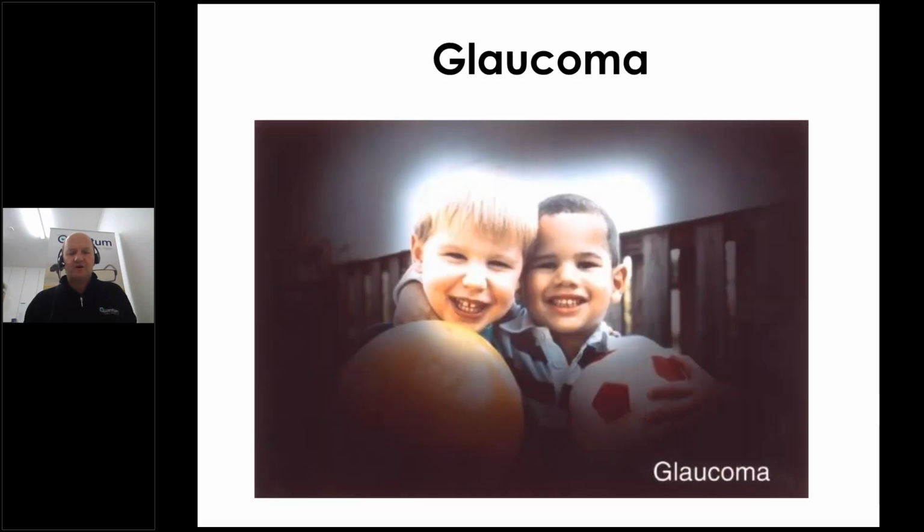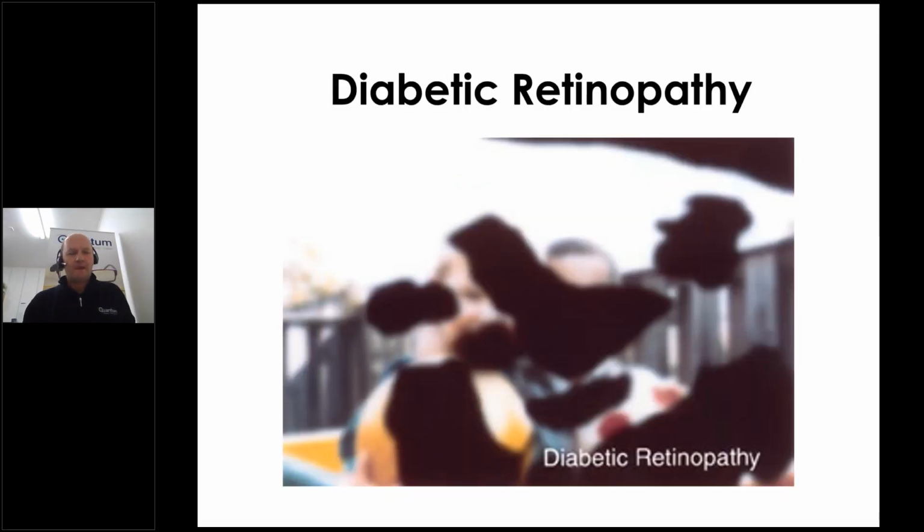The next slide is for glaucoma. So as you can see, the boys' faces are reasonably in focus, but the edges, the peripheral vision, is reduced. Diabetic retinopathy. Once again, there is very patchy vision.